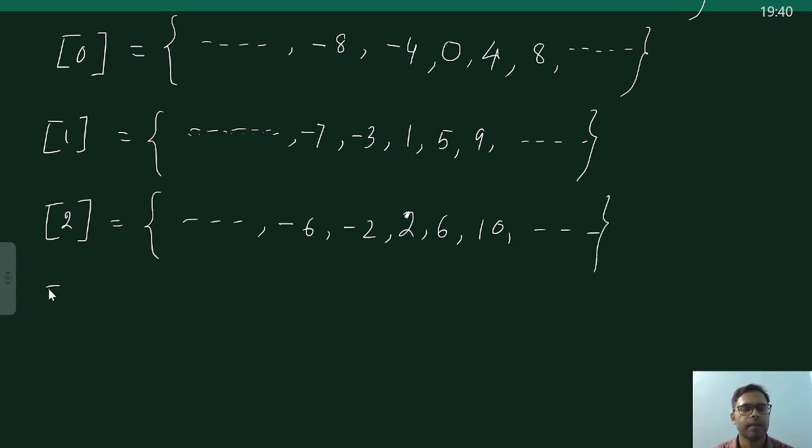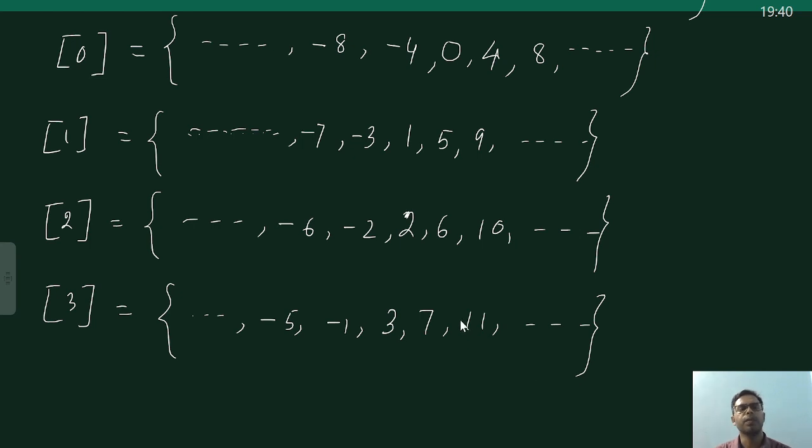And then we can find the class of 3 in the similar way. 3 will be there, then it is 7, then 11 and so on. And from the negative numbers, it may be minus 1, minus 5 and so on. Now if you want to find the next class, do not write this.